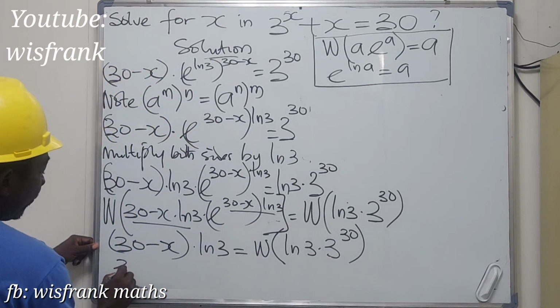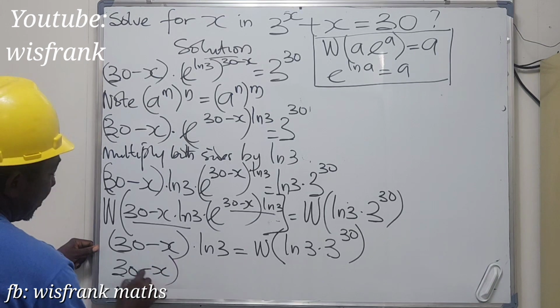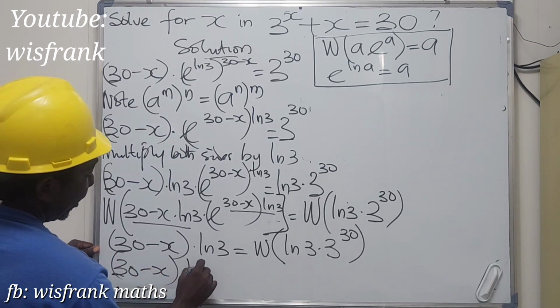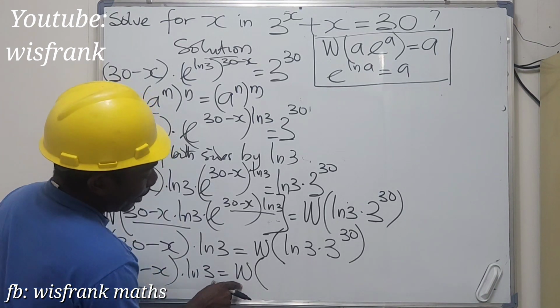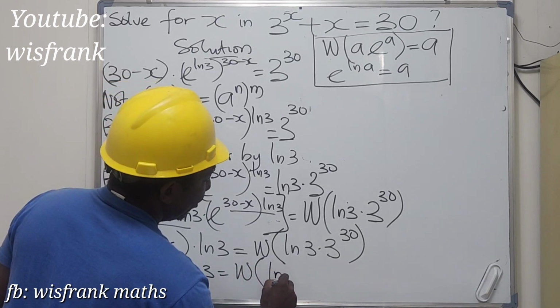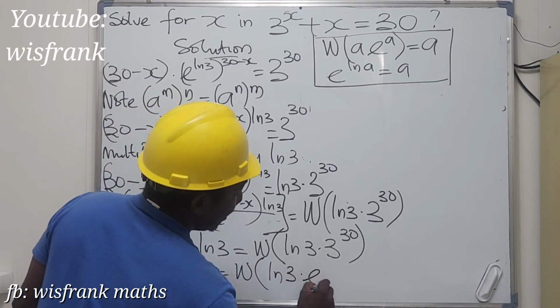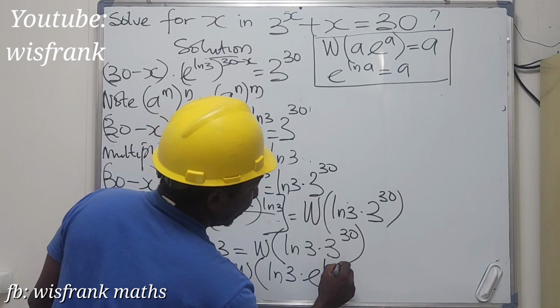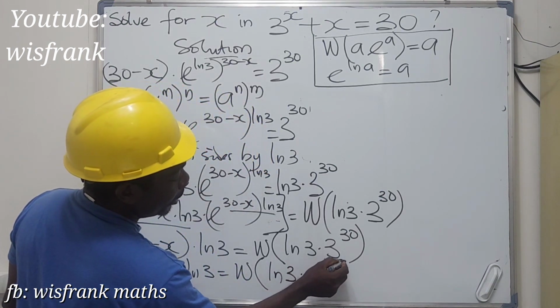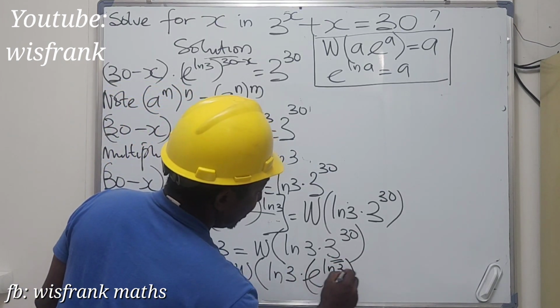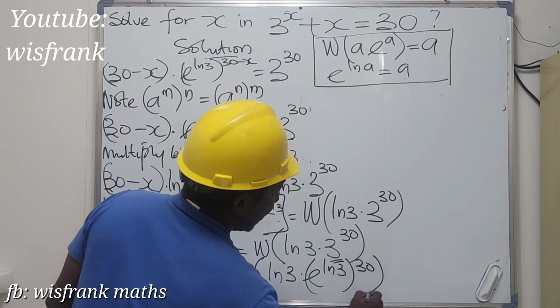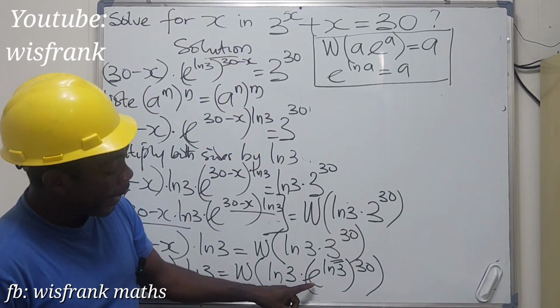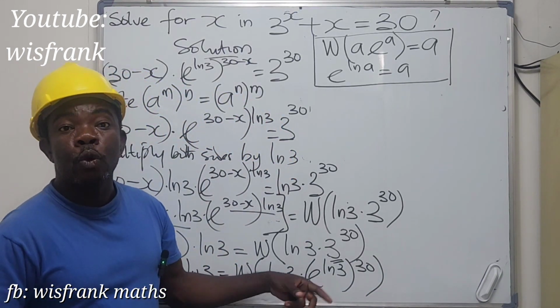So this will become 30 minus x times ln of 3 equals the Lambert W function of ln of 3 times e to the power of ln of 3, that is the value of this 3, then times 30. That is what we have, because e to the power of ln of 3 equals 3.